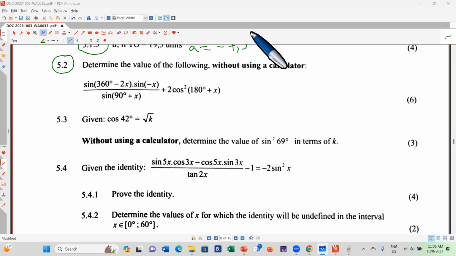Finished, guys. We're looking at 5.2, remember? I've just given you a few minutes to try the question.